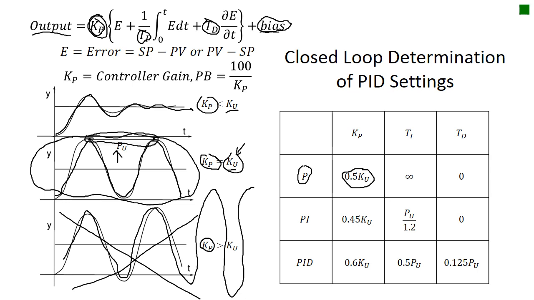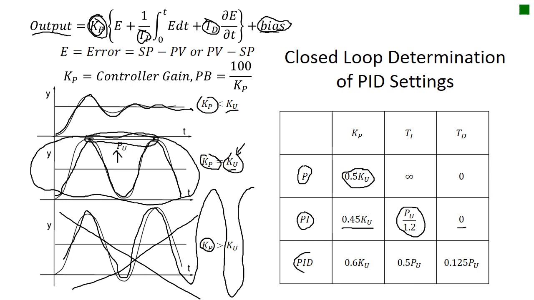If we have proportional integral control, or PI, the proper value of our gain, K sub P, should be 0.45 times the ultimate gain, and our integral time constant will be the ultimate period divided by 1.2. Our derivative time constant remains at 0.